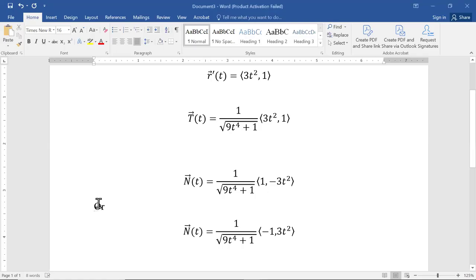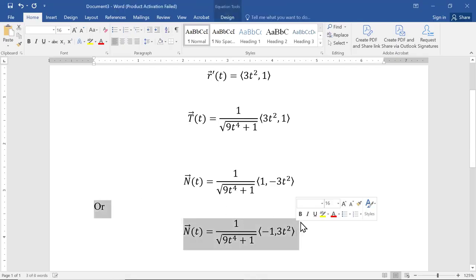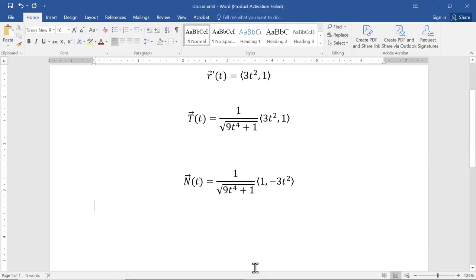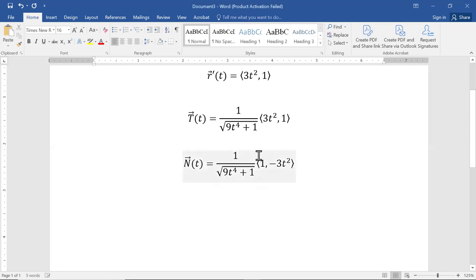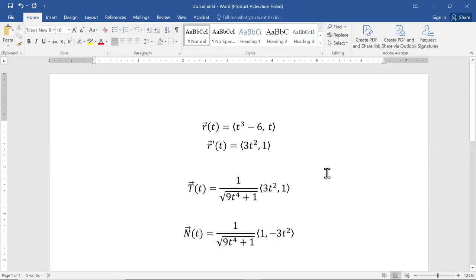So I know it's going to be that first one because it needs to point towards concavity. It needs to point right and down. So that's that vector. And then obviously this is just a scalar of that vector.